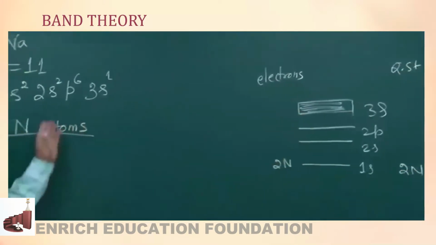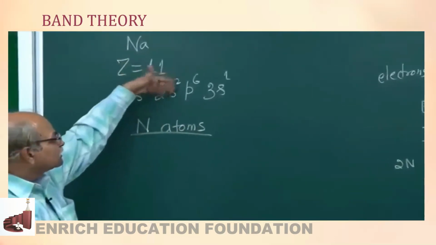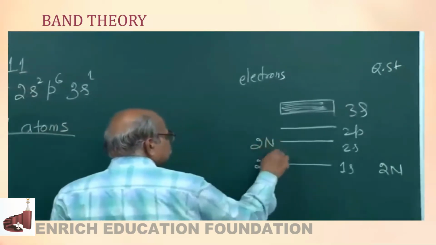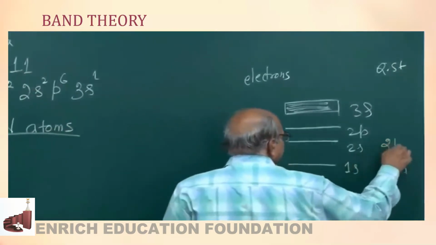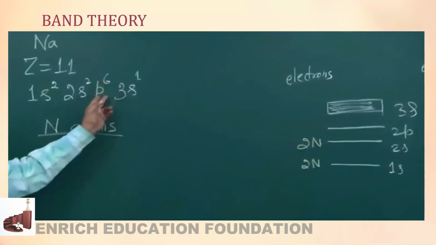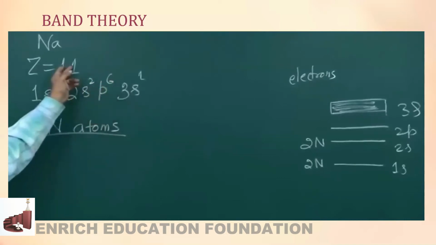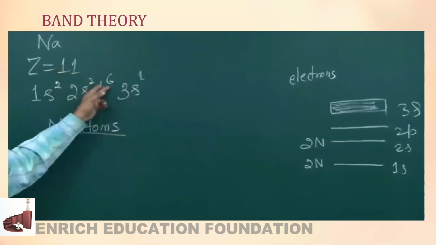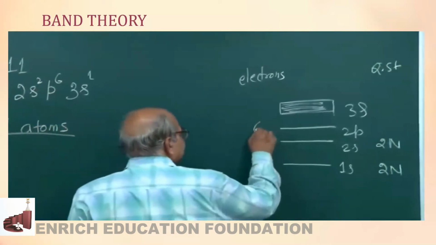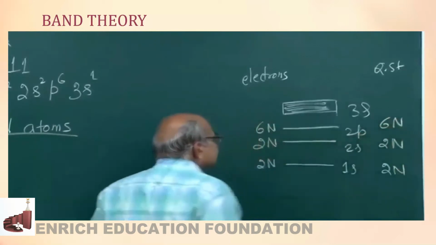Then in 2s also, for each atom you have 2 electrons in this 2s. So here also you have 2n electrons and 2n quantum states. 2p is completely filled. For each atom you have 11 electrons and 6 of them will go in this 2p. So 6n electrons and 6n quantum states.